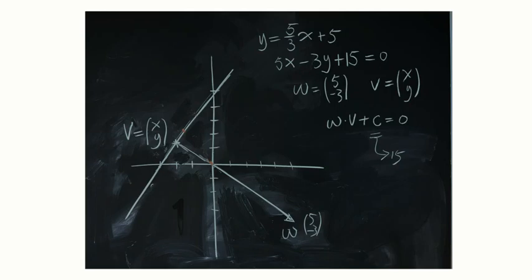So this will be w here. This shows the direction or the relationship between w and the line, and then you have the position where you cross. Okay, that's this picture. Everything clear?